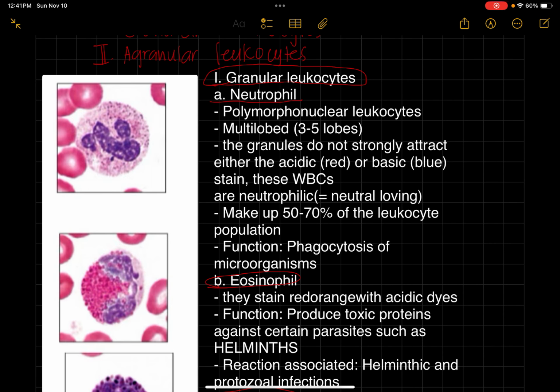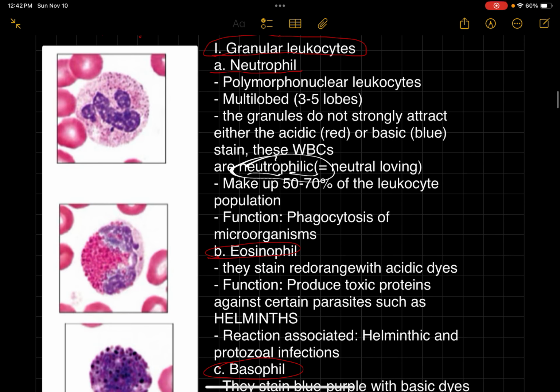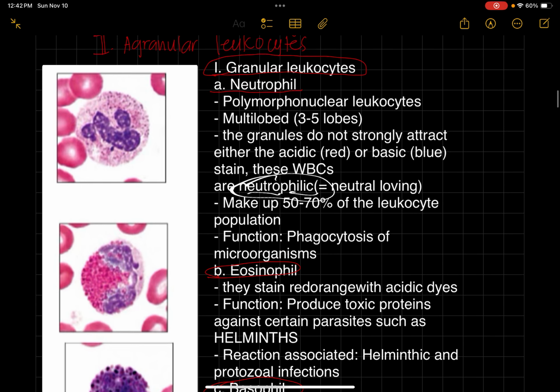And these white blood cells are neutrophilic or neutral loving, maghambal ka, neutro, meaning neutral, philic is loving, made up of 50 to 70 percent of the leukocyte population. Its function is phagocytosis of microorganisms.